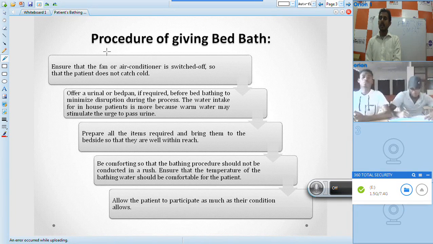You must ask the patient for urinal or the bedpan if required before giving the wet bath, to minimize the disruption or discontinuation during the bathing process for such patients.